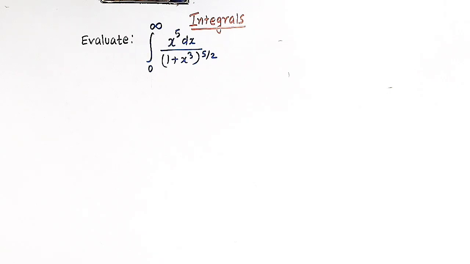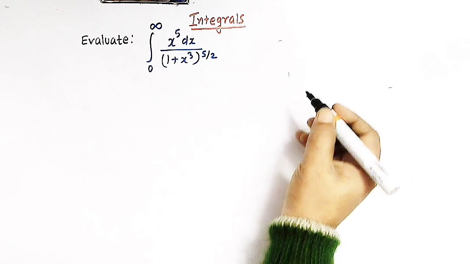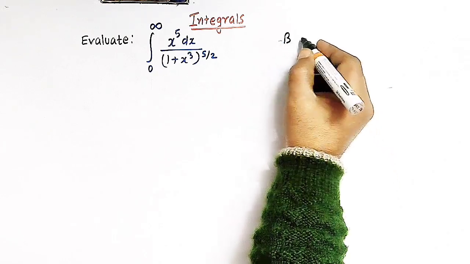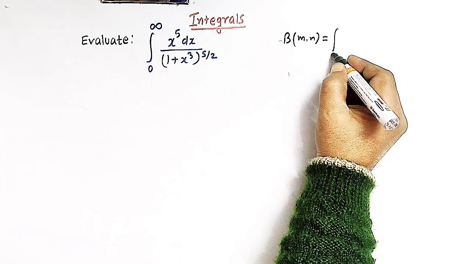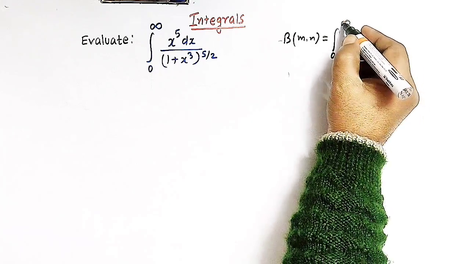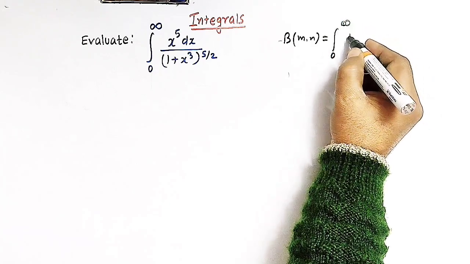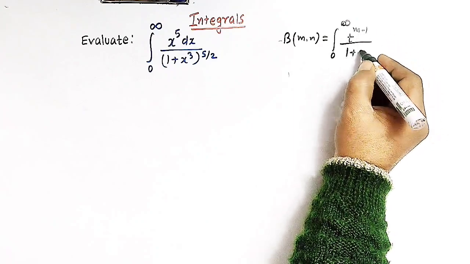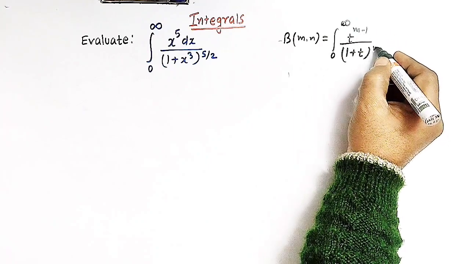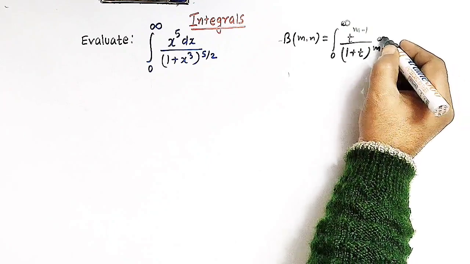And before applying the concept of beta and gamma functions, let us first make use of the method of substitution to convert this integral into a beta function, that is beta m comma n is given by the integral from 0 to infinity of t raised to m minus 1 divided by 1 plus t raised to m plus n dt.